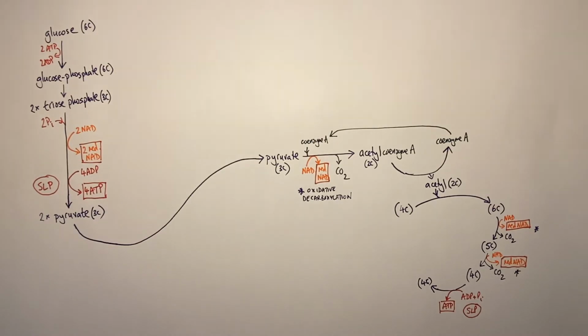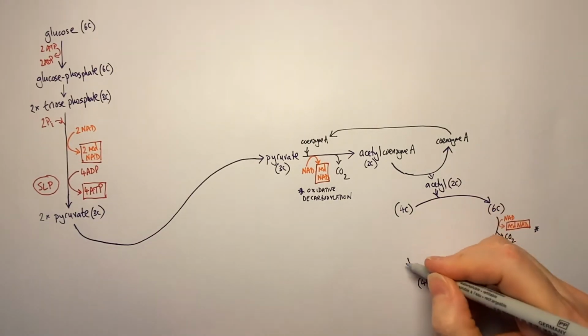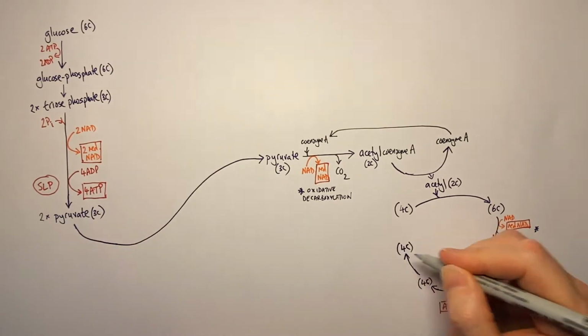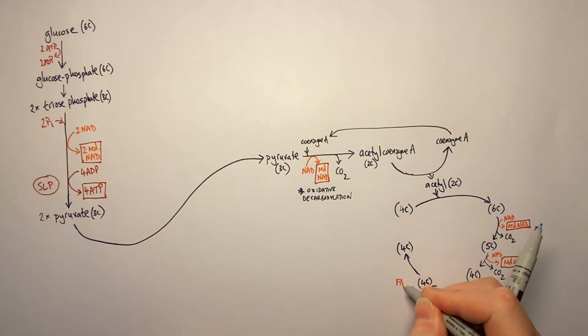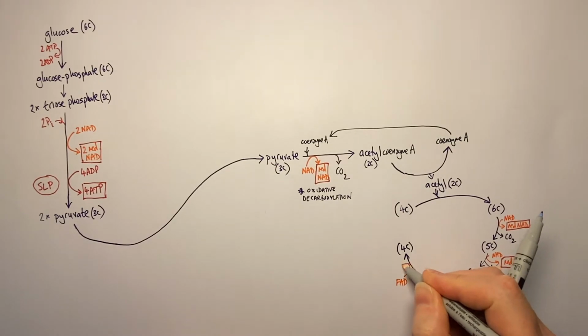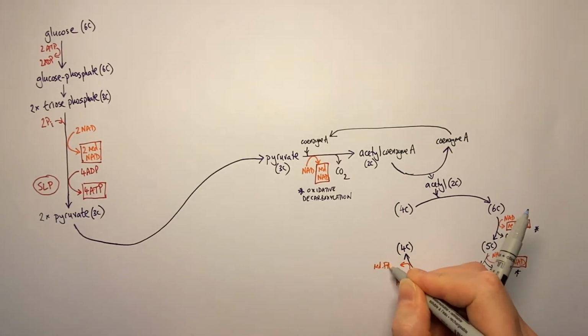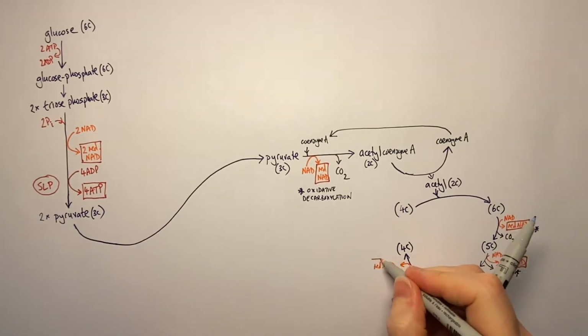Okay. Then that 4-carbon compound will be converted into another 4-carbon compound. And for this to take place, it loses hydrogen. And this is where FAD comes in to form reduced FAD. Why is it FAD here?